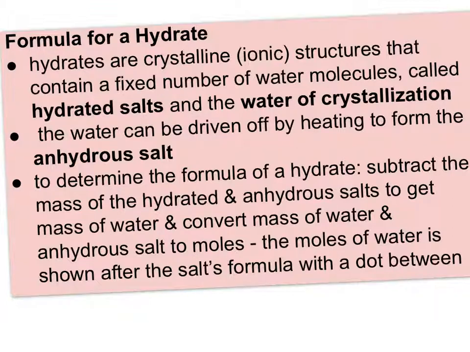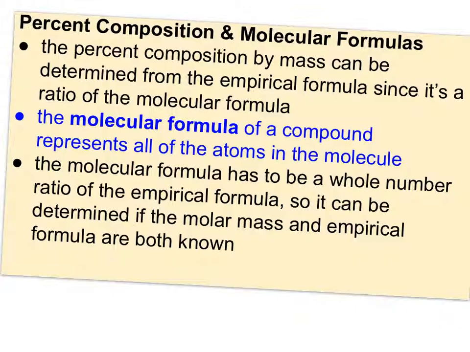Convert that mass of water and the mass of your anhydrous salt to moles, and then compare the molar amounts. There will always be at least 1 mole of water or some whole number bigger than that. The smallest number of water molecules the crystal can hold is 1, but it could hold 7 or 12, it can hold a crazy amount. But that's the idea with hydrates.